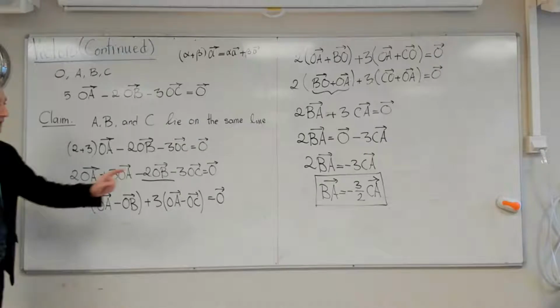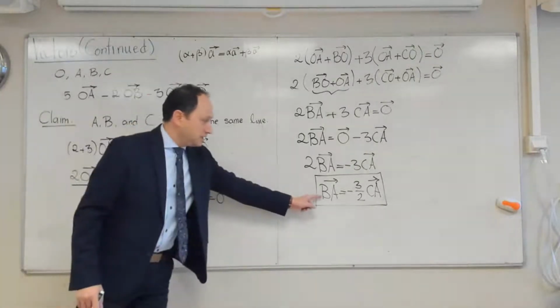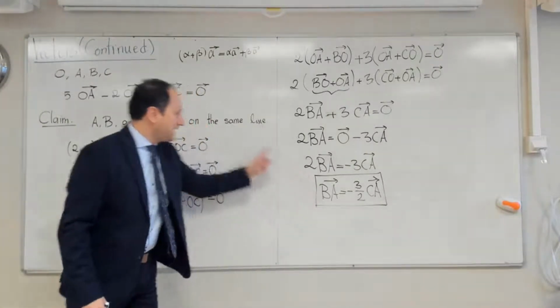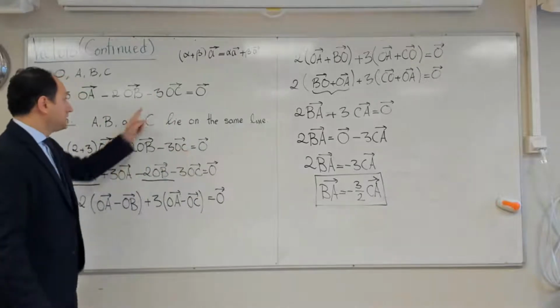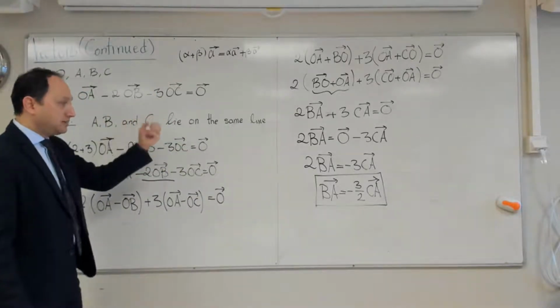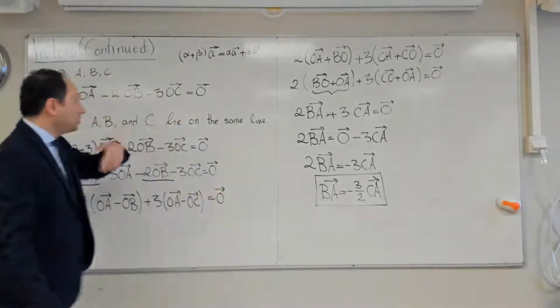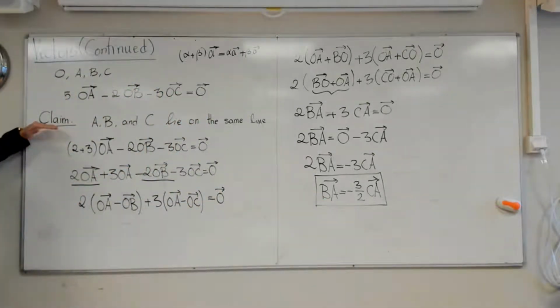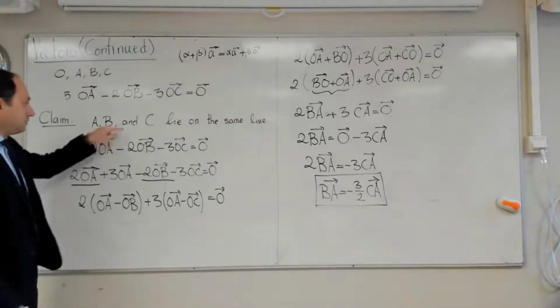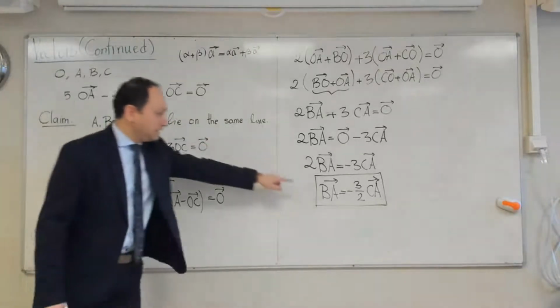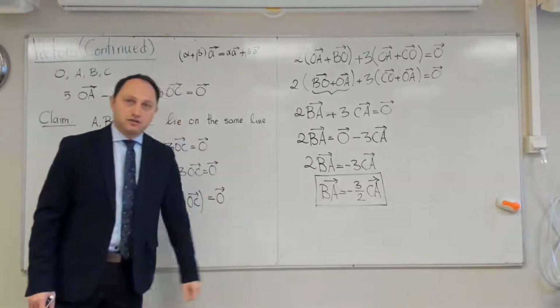If I ask you what this is, you would say that this is the same information written in a more compact form. I couldn't prove my claim directly from this, but now I can prove my claim using this equivalent equation.